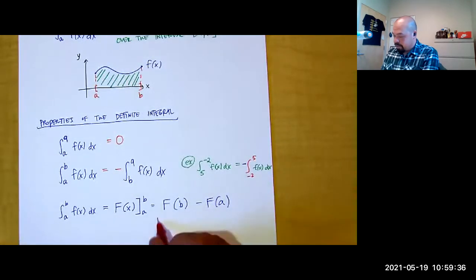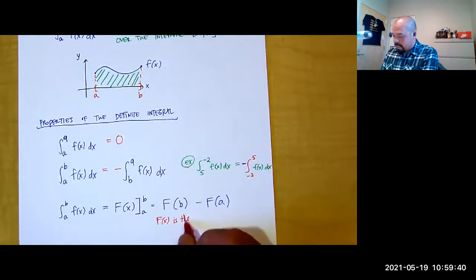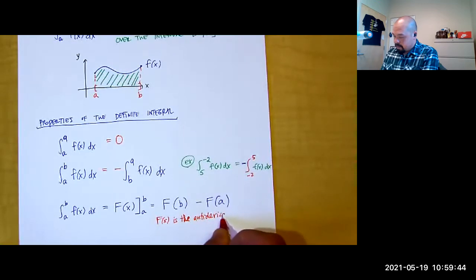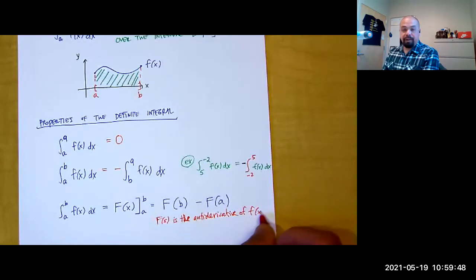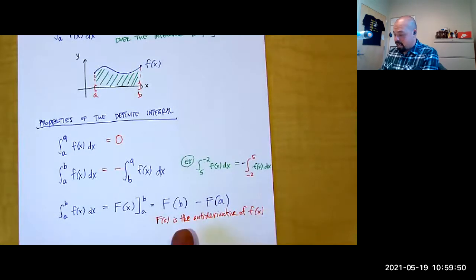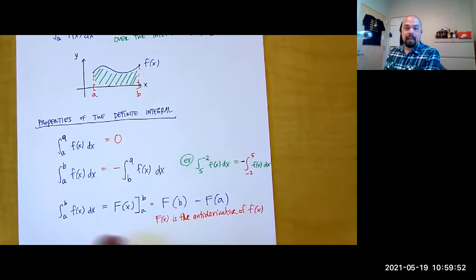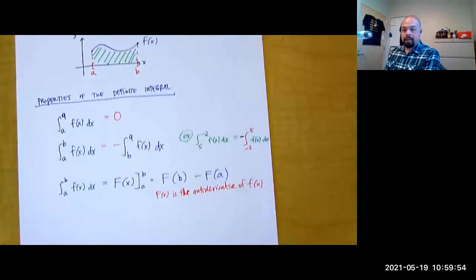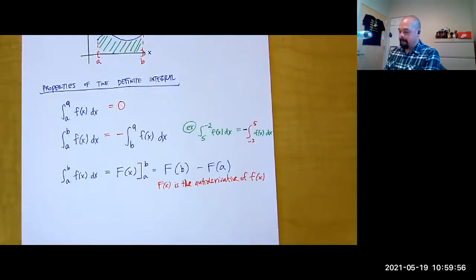Where capital F of x is the antiderivative of lowercase f of x. If I take the derivative of capital F of x, I get that f of x in our integral. Okay. And it always starts off with that subtraction.